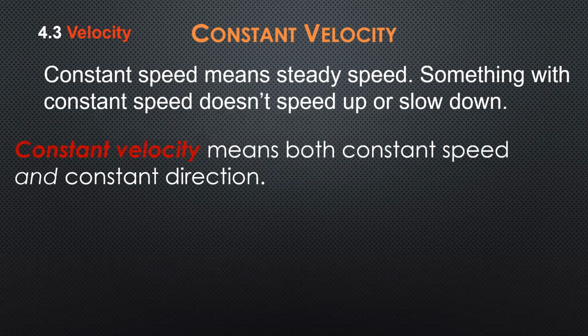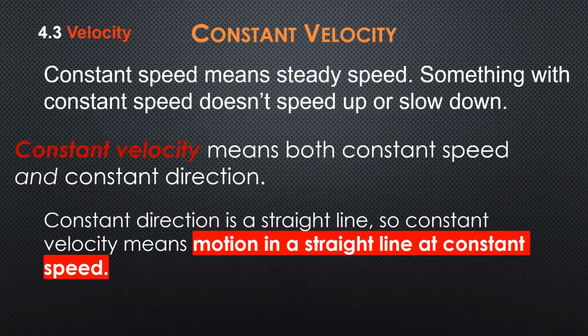Constant velocity means you have to have constant speed and constant direction. So you have to be going the same speed and you can't turn. Constant direction would be a straight line. So constant velocity means motion in a straight line at constant speed.